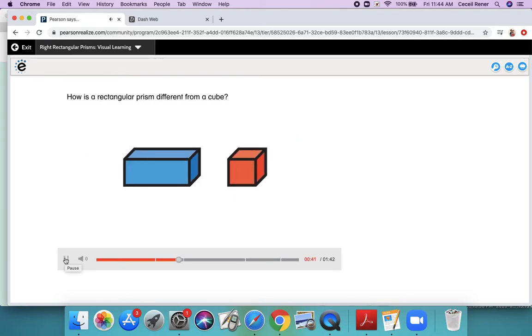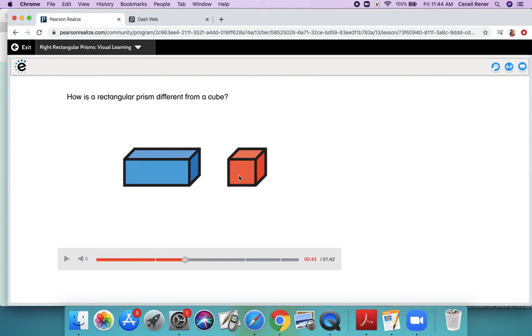How is a rectangular prism different from a cube? So how is it different from a cube? What are you noticing that is different? So when we look at it, we could see. What do we see here? We have faces that are what? Rectangles. So we have faces that are rectangles and squares.